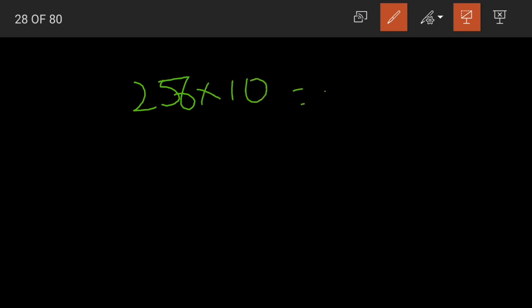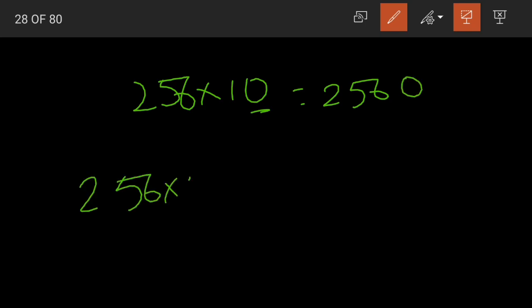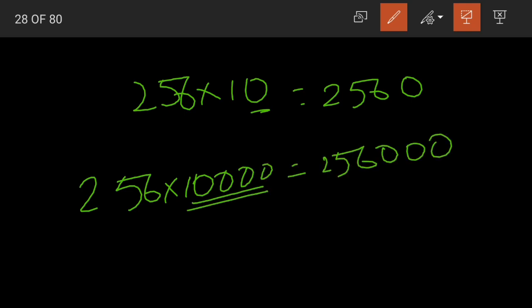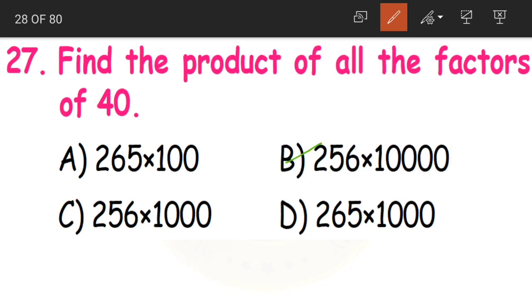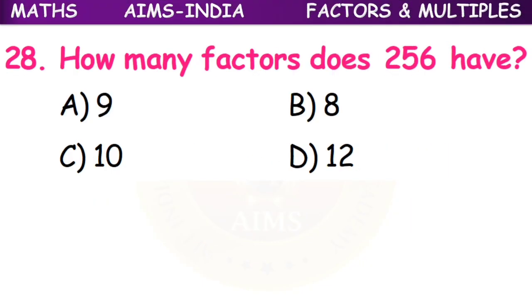So when we multiply by 10, what will we do? We'll place this 1 0 to the right. In the same way here we are multiplying with 10,000. So what should we do? We should place these 4 zeros to the right. Then what will we get? 25,60,000. That is nothing but the product of all the factors of 40. So option B becomes our correct answer.